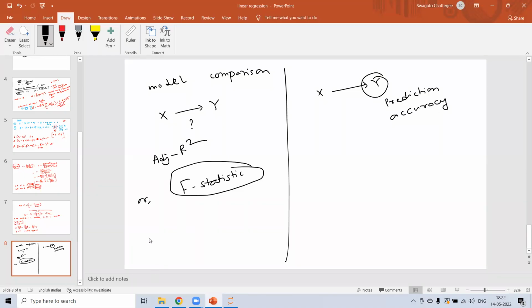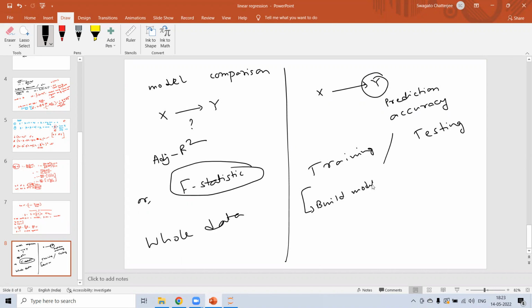However, if your objective in model comparison is prediction, whether your prediction is correct or not, here you will break into training and testing. For the relationship objective you use the whole data and do not break into training and testing. Build your model on training. Don't bother about R square, don't bother about adjusted R square.